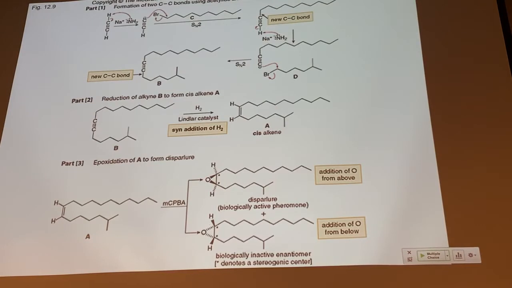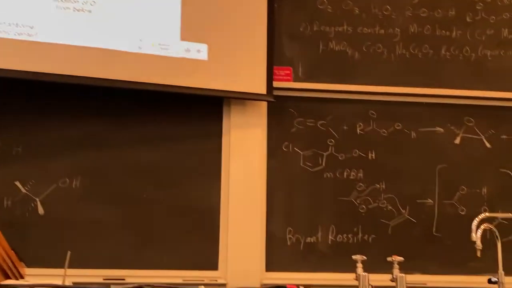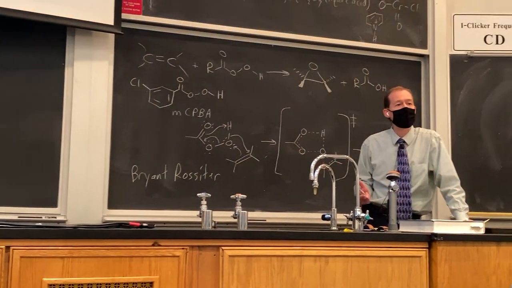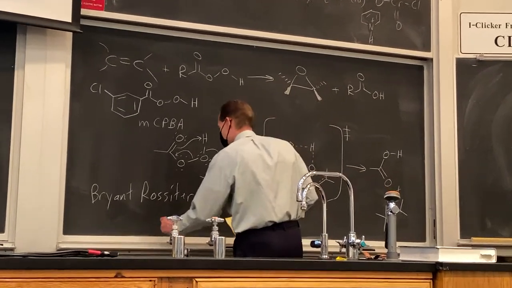Okay. Now there's some history related to disparlure that involves BYU. There was an organic chemistry professor at BYU in the 80s and 90s. His name was Bryant Rossiter. Sadly, he passed away from cancer in about 1995 at a much too young of an age.